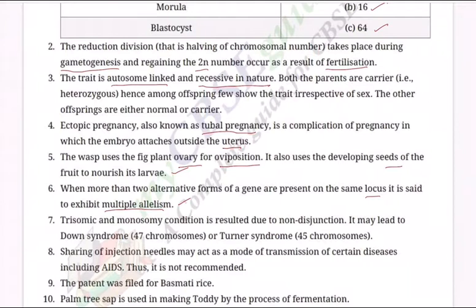Name this phenomenon and give an example of each type. It's trisomy and monosomy, resulting due to non-disjunction. It may lead to Down syndrome, that is 1 chromosome extra, 47, or Turner's syndrome, where one chromosome is less. Instead of 46, it is 45, that is XO.